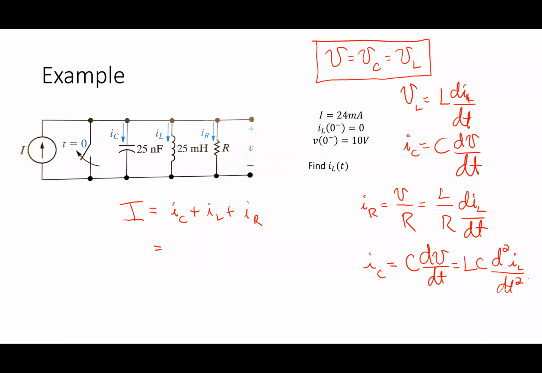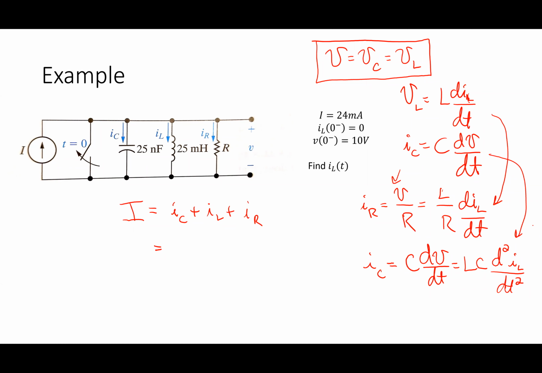So what did we do there? We didn't multiply by d/dt, right? What we did was we said IR is V over R. First of all, that makes sense, right? So I substituted V in here; V is L dI/dt. And similarly, down here, I said IC equals C dV/dt, so that's substituted in.